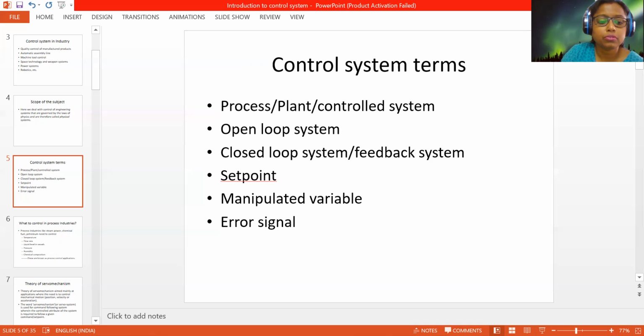So on measurement, we have to compare this particular measured variable with the input that is known as the set point.